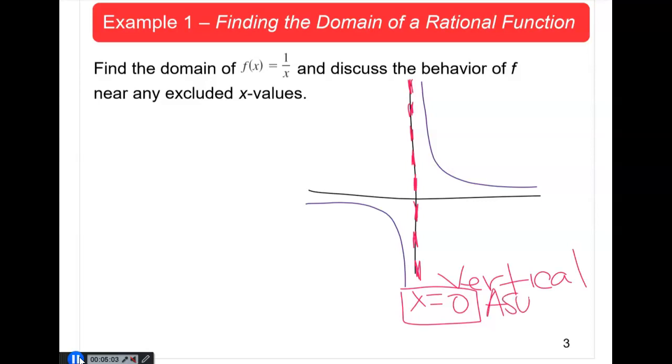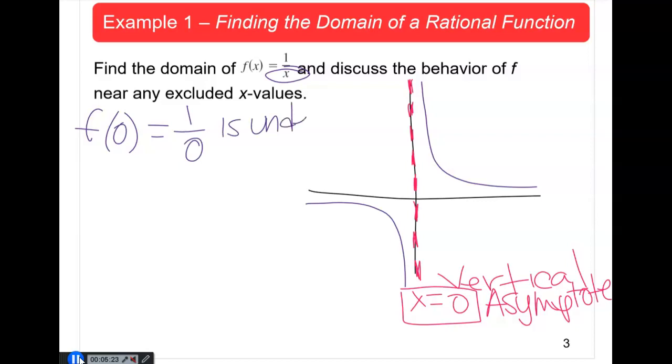So that same vertical asymptote is the number that we exclude from the domain, because for that function, f of 0 is undefined since it will be 1 over 0. So what we're going to be doing is always taking the denominator expression and creating an inequality that says the denominator cannot equal 0.